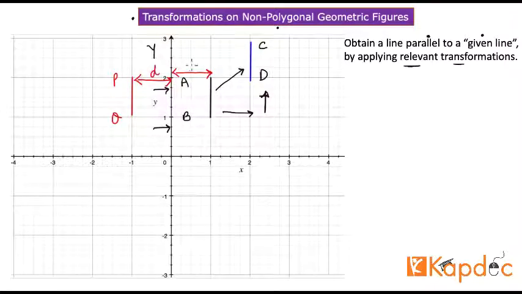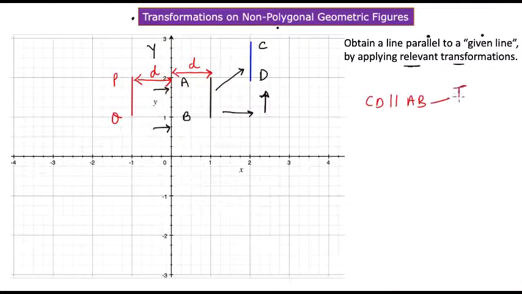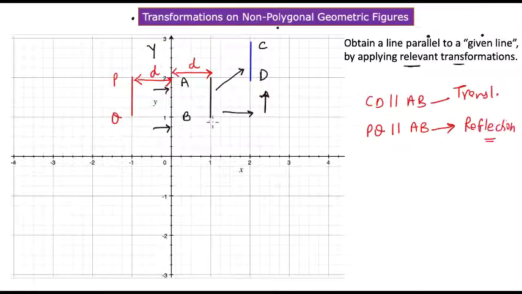Let's say this distance is d units. But the fact is, the line segment CD is parallel to the line segment AB that was obtained by translation, and the line segment PQ is also parallel to the line segment AB that was obtained after applying a transformation called reflection. So there is more than one way to obtain a line parallel to a given line.